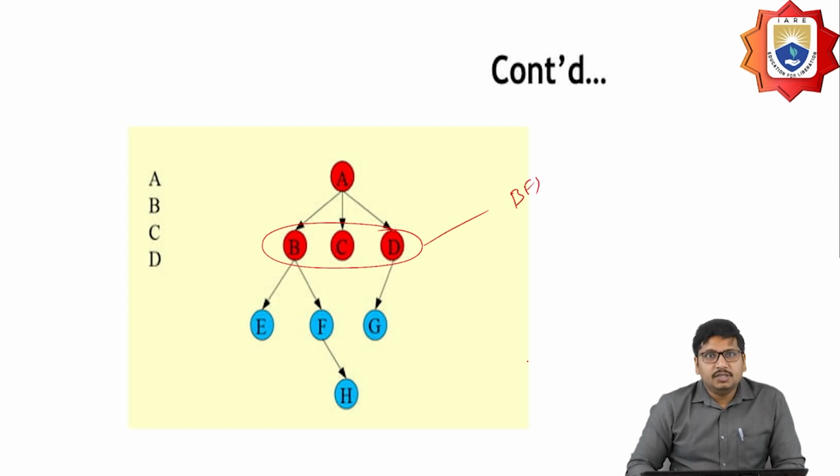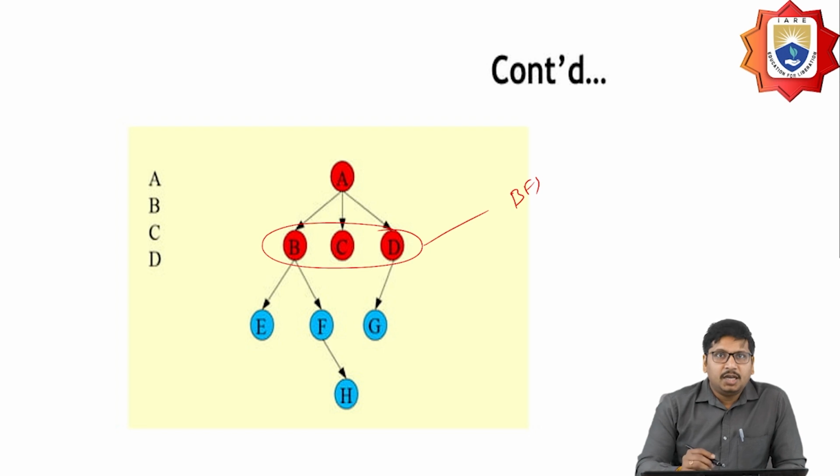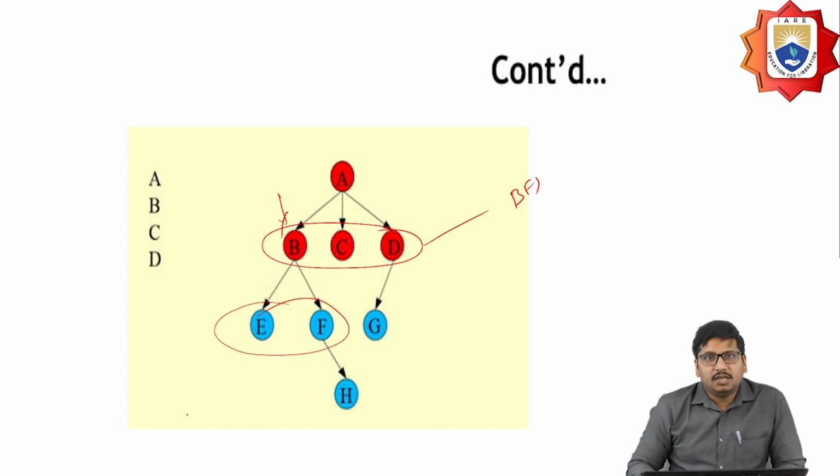In breadth first search, first we visit all the nodes present in the first level. Once this is completed, I go for B as the first one, and again visit the nodes present in the next level.